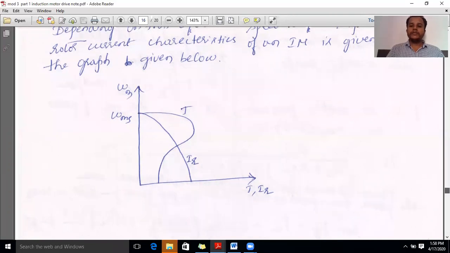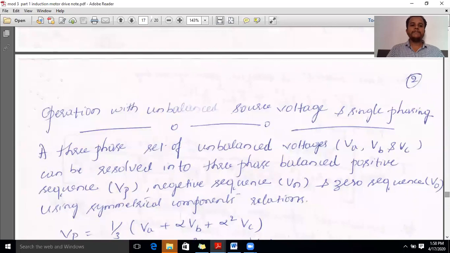Now we'll go with the operation of the three-phase induction motor with unbalanced source voltage and single phasing. In this case, the stator of the induction motor is connected to a three-phase supply. The voltages can be split into positive, negative, and zero sequence components.